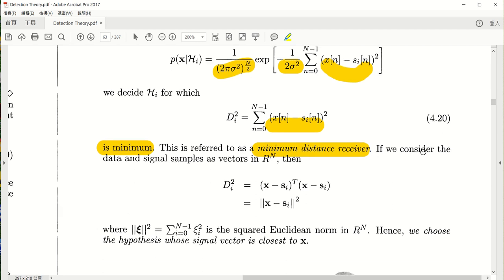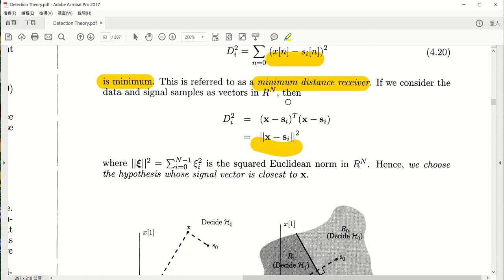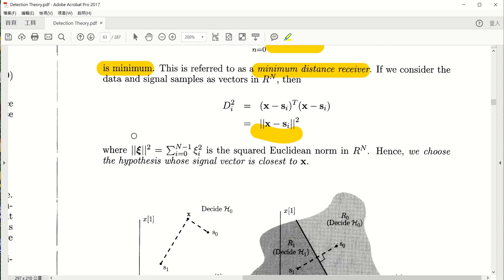And if we consider the data and signal samples as vectors in Rn, then of course this is a vector representation. This is the known representation: d squared equals the squared Euclidean norm in Rn.